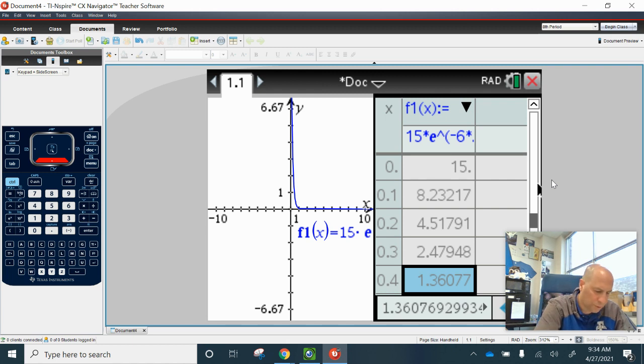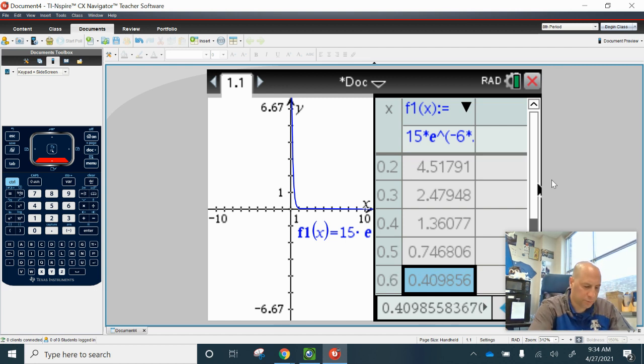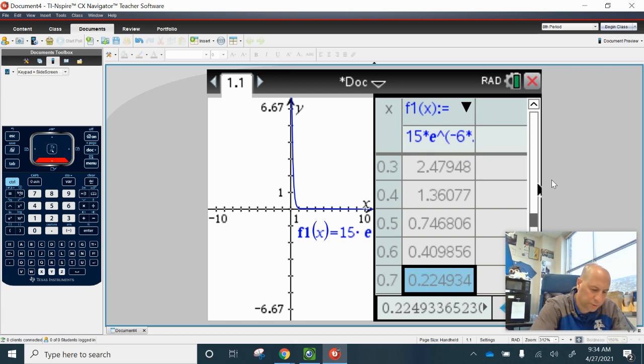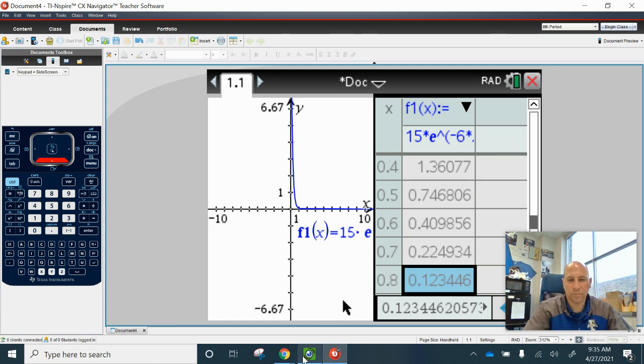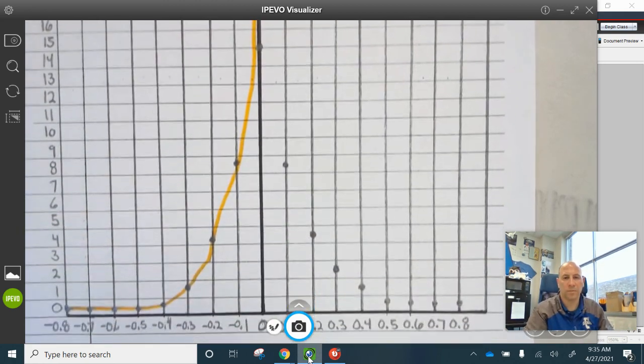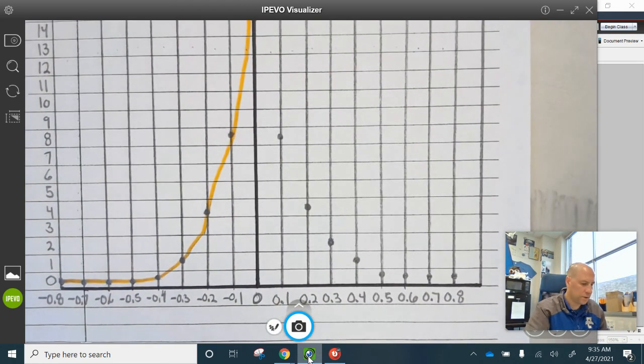0.4 is 1.36. 0.5 is 0.7. 0.6 is 0.4. 0.7 is 0.22. And 0.8 is 0.1. All right, so there you go.